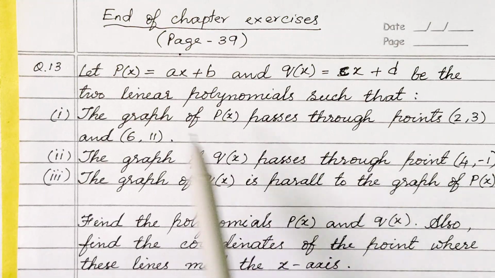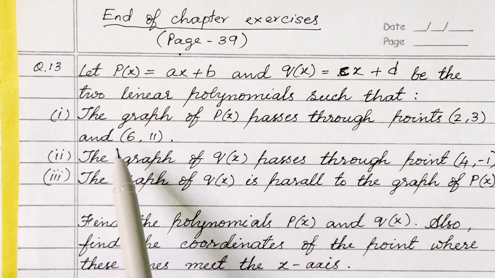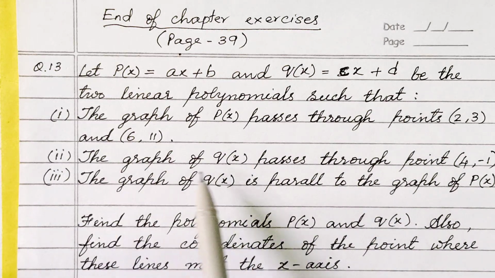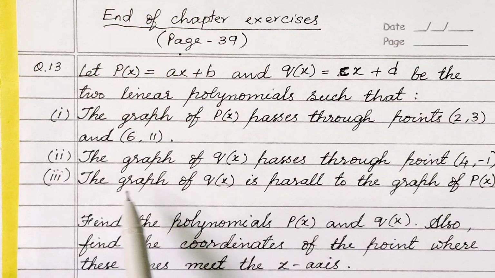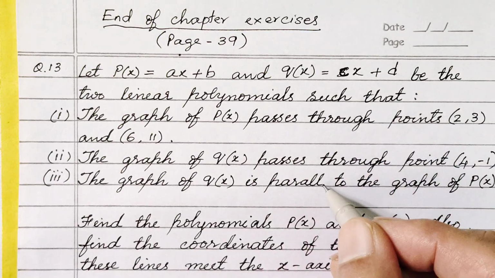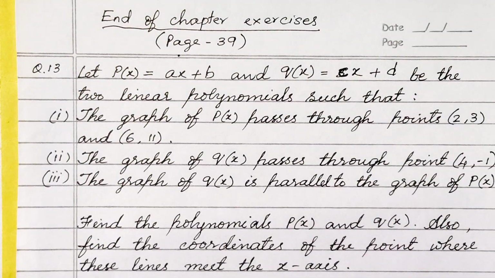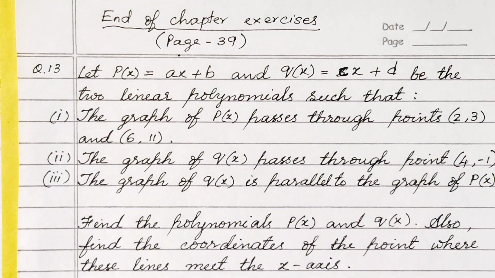And they have given us that graph of p(x) passes through (2, 3), (6, 11). The graph of q(x) passes through (4, -1). Also, the graph of q(x) is parallel to graph p(x). Okay, so now we will start the sum.